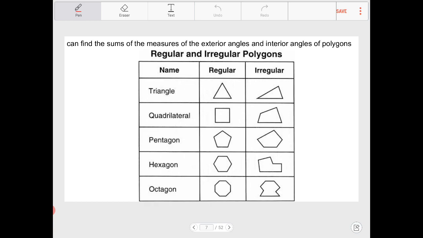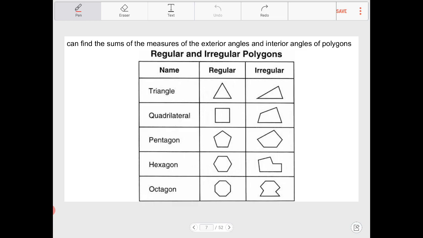And then we can talk about different types of polygons. We talked about a triangle already. A regular triangle is an equilateral triangle. An irregular one could be an isosceles, it could be a scalene. We can talk about quadrilaterals. A regular quadrilateral is, again, all sides are the same. What kind of shape is this guy right here? That's right, it's a square. We can also talk about a four-sided quadrilateral that's irregular.